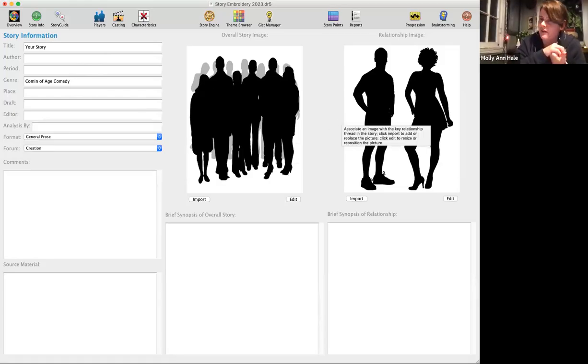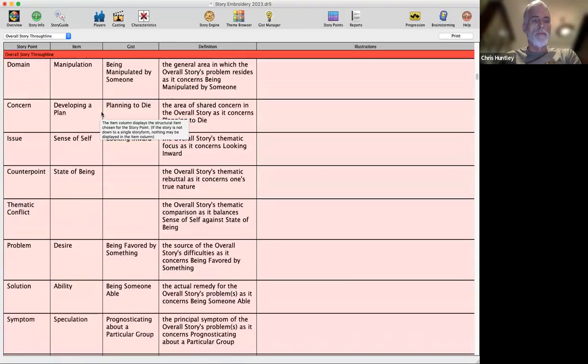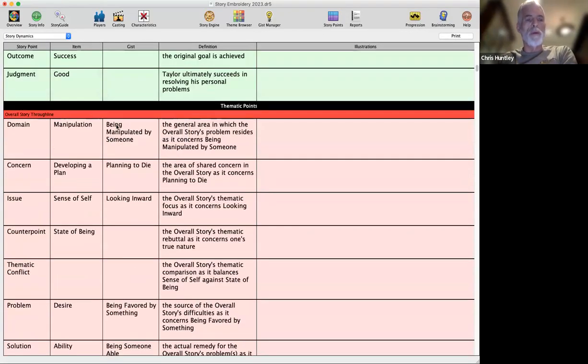For those of us who are not around so much, can you remind me what we're looking to fill in? Here we have the overall story domain of psychology being manipulated by someone. So come up with what that story looks like. Everybody's concerned about being manipulated by who? And how does that fit into a coming of age comedy?